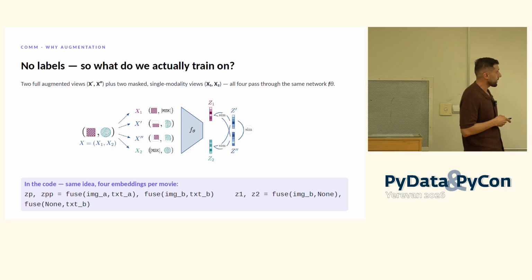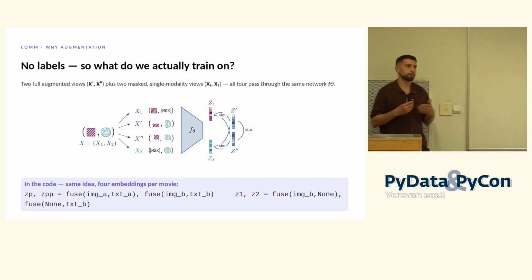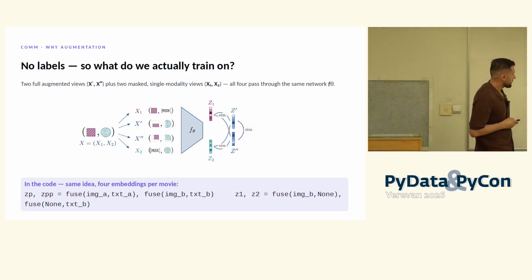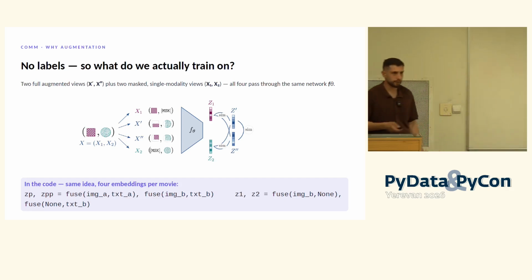And those X primes are just a few views, but augmented. Correspondingly, Z1 represents X1, but this time it's already an embedding, and the rest correspond to the rest of the features. And once we have these embeddings, we can apply contrastive learning, right?